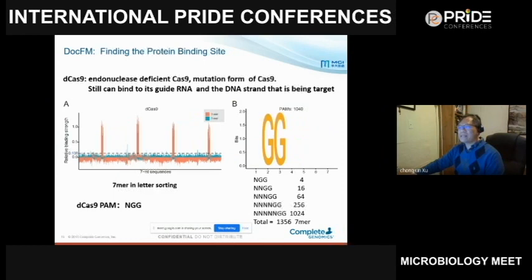For the 3' side, we can clearly see the 7-mers spiking at different locations. We analyzed these spiking ones, which have a much higher frequency, and found that the sequence is NGG. It's exactly the same as what we discussed before. This is just binding without cleavage.